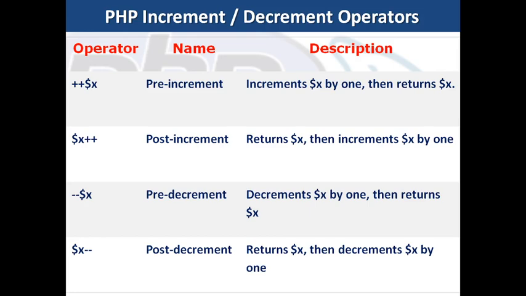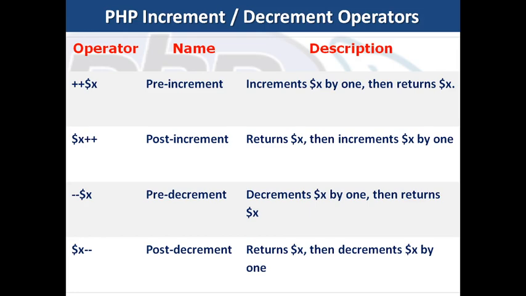Next is increment and decrement operators. There are 4 increment or decrement operators. First is pre-increment, second is post-increment, third is pre-decrement, fourth is post-decrement. Pre-increment or pre-decrement increments the variable by 1, then returns $x.